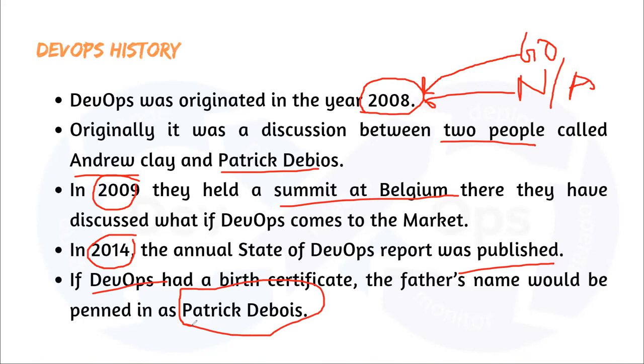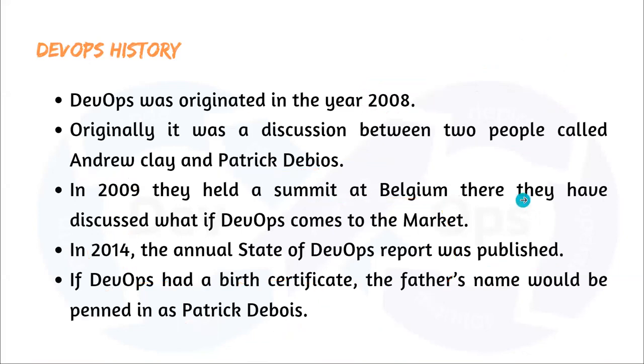Initially he faced a lot of criticism for doing all these activities, but finally when the summit happened and they discussed all these points, DevOps came into the market for this reason. Initially two people worked on it, but the major effort was given by Patrick Debois. So we can simply call Patrick Debois the father of DevOps.